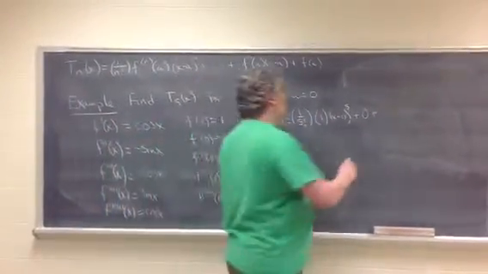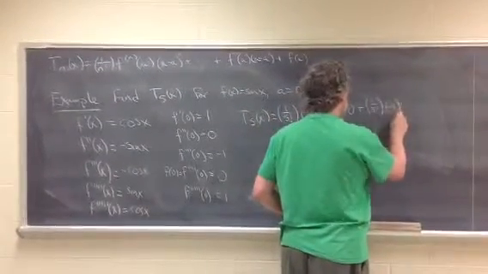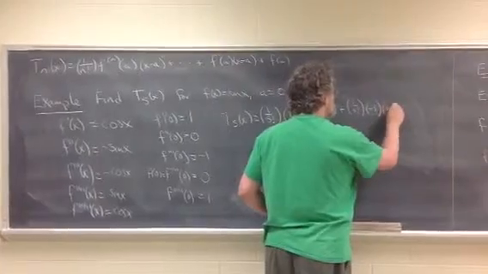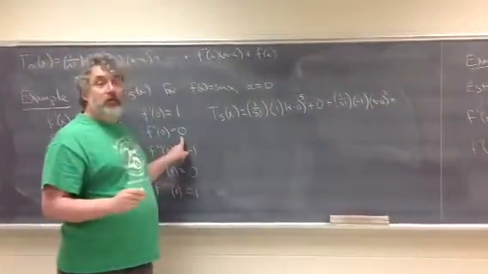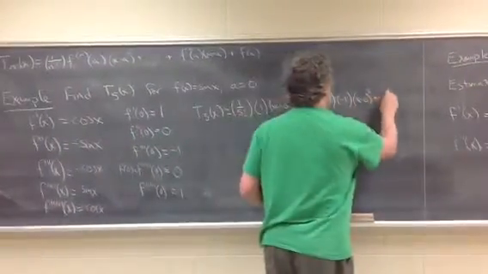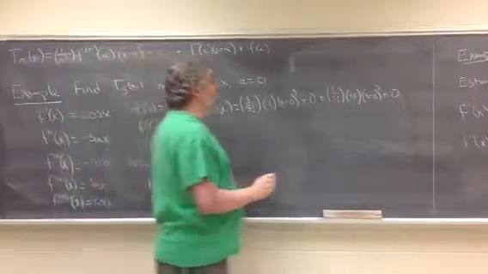So we're going to have 1/3 factorial times minus 1 times (x minus 0) cubed. The 2nd one is 0. And the 1st one is 1.